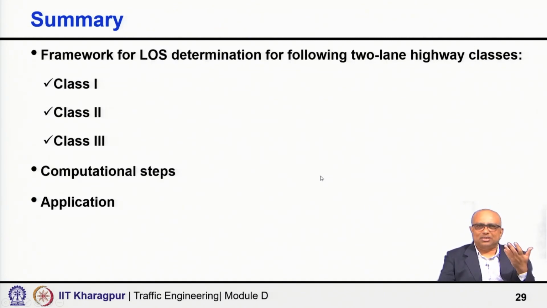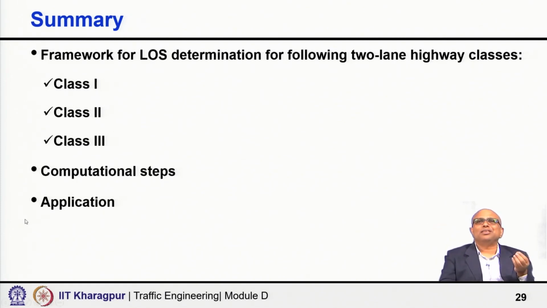So, what we discussed in this lecture is the framework for LOS determination for different classes, class 1, class 2 and class 3, and the computational steps in detail. I have described how you calculate, how you refer to different exhibits in the Highway Capacity Manual, and pick up the appropriate values.